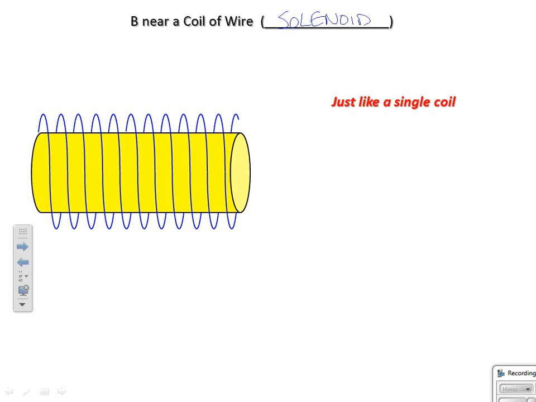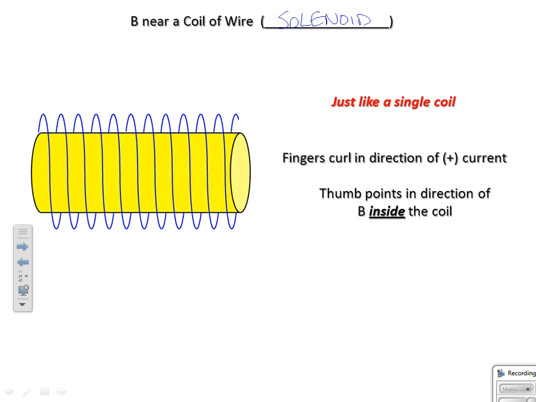We can do this just like a single coil, where if we know the direction of conventional current, we wrap our right fingers in the direction of conventional current. Your thumb will point in the direction of magnetic field inside the coil. So let's define the fact that conventional current goes this way.